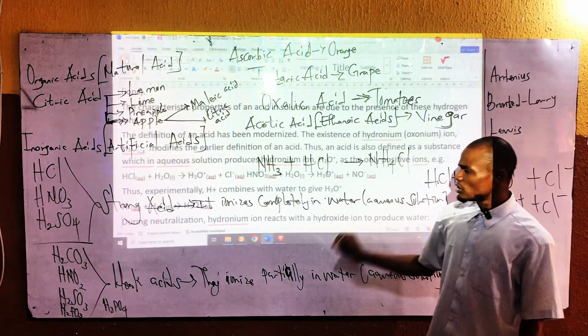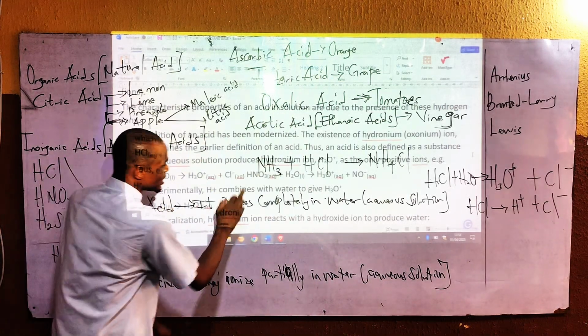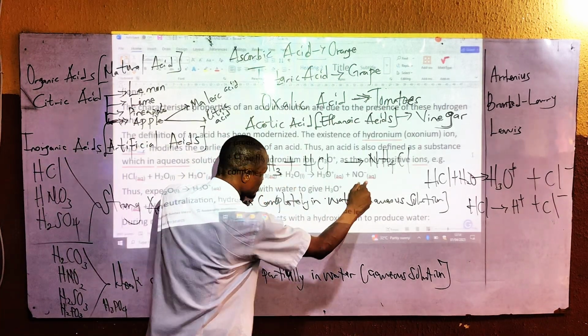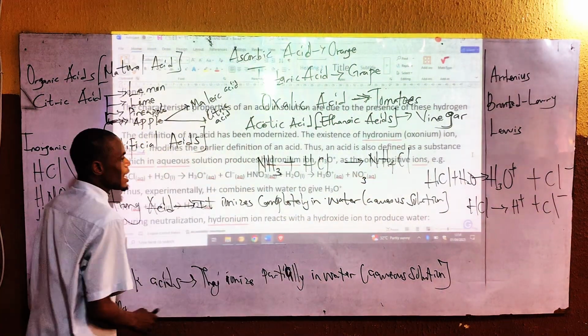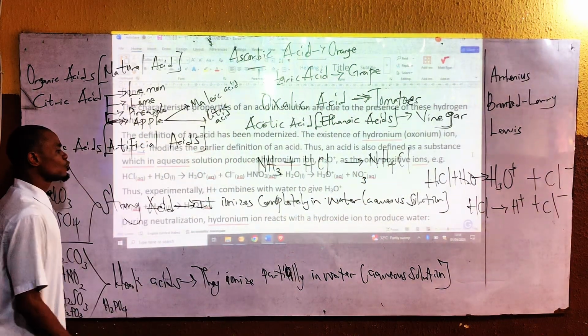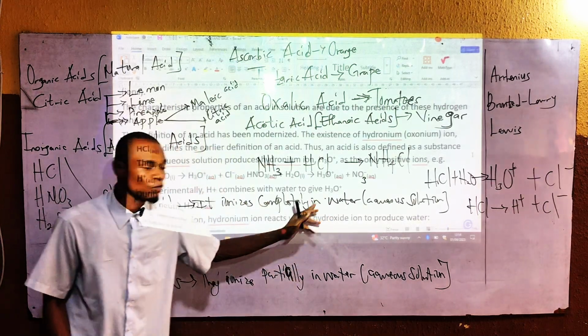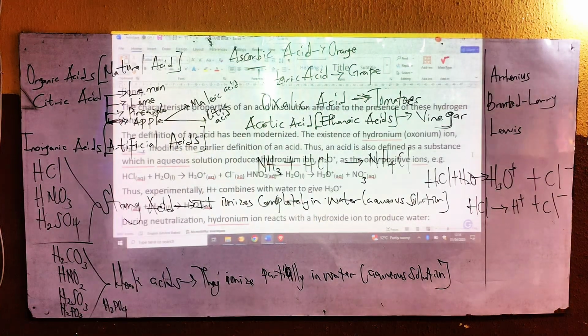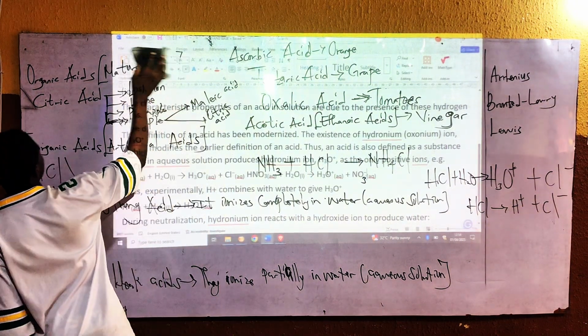For example, HCl plus H2O gives H3O plus and Cl minus, and HNO3 plus H2O gives H3O plus and NO3 minus. Experimentally, hydrogen ion combines with water to give hydronium ion.